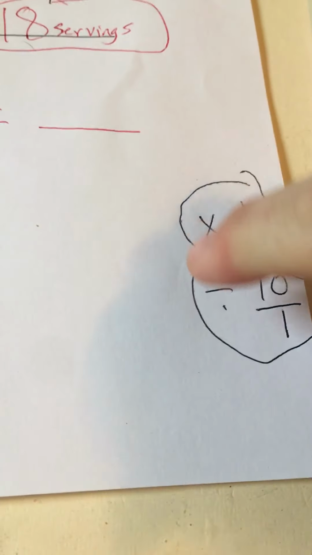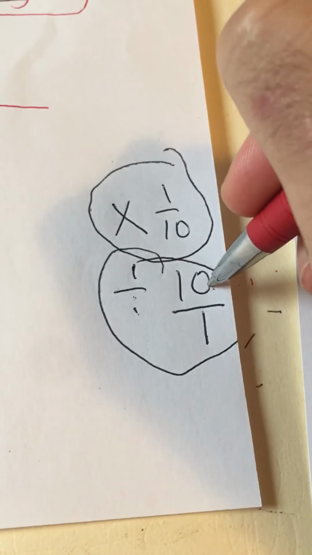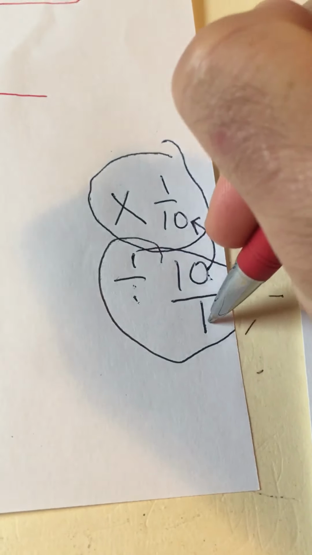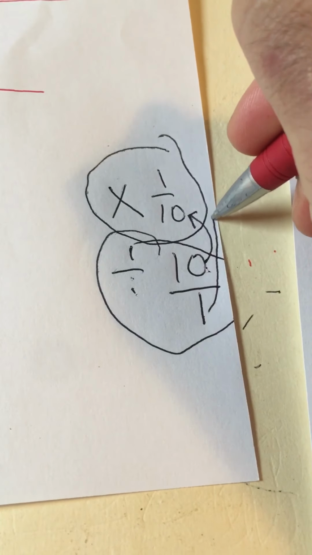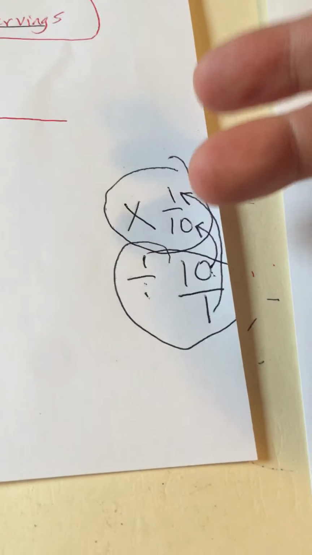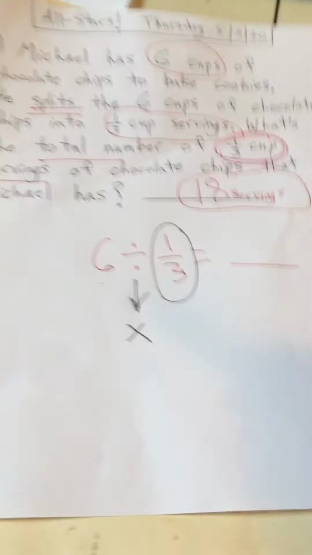So since multiplication and division are opposites, when we're going from division to multiplication, we take the numerator and flip it to the denominator, and take the denominator and flip it to the numerator. So you literally just take 10 over 1 and flip it when it becomes multiplication. That's the same thing as when we do this here.